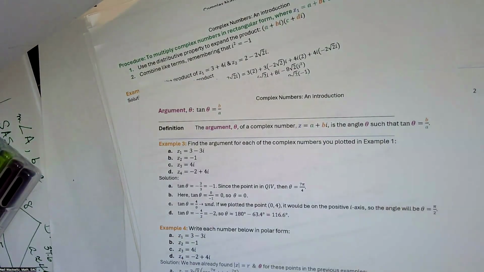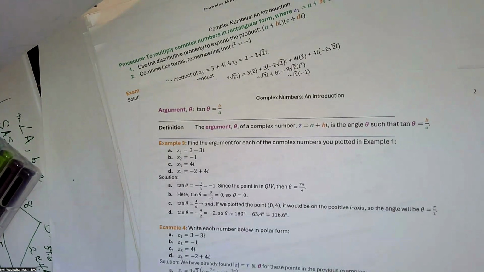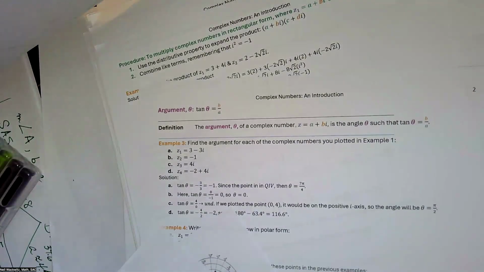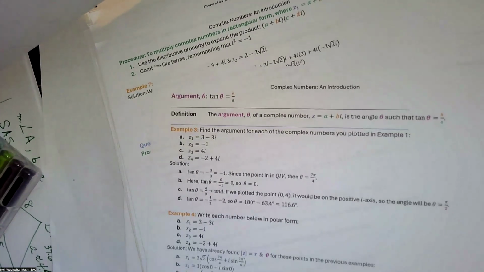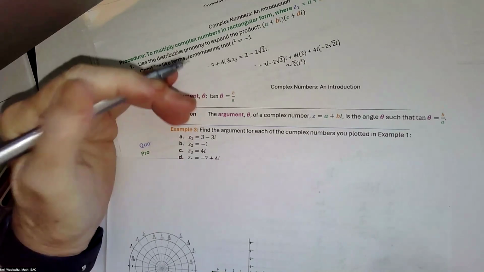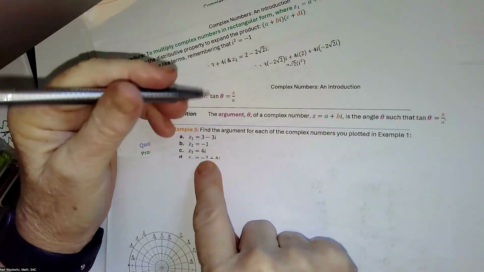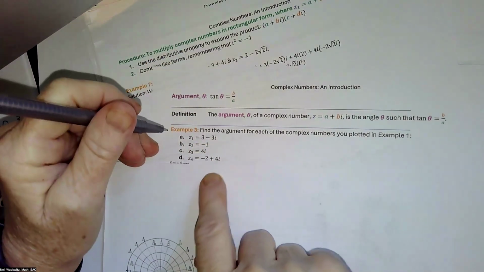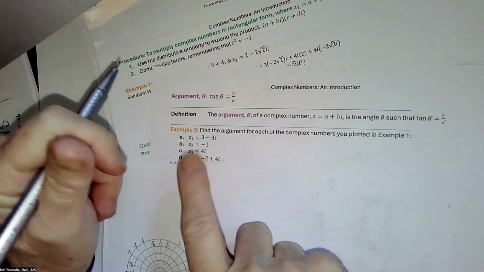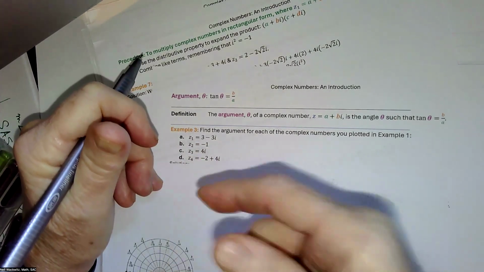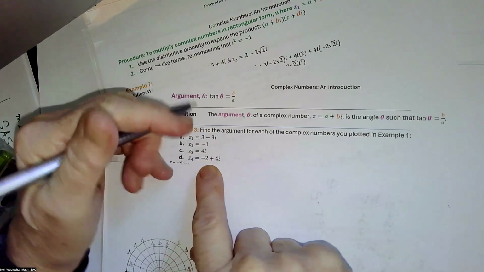So let's find the argument. We already did 3 minus 3i. Let's find the argument of, although these two are pretty easy.